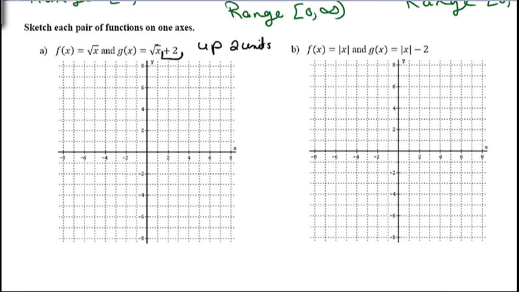So instead of having my starting point at 0, 0, I need to shift that up 2 units. So it's going to be right there, and you can use the pattern. The pattern was to go up 1, right 1, and then up 1, right 3. And then don't forget when you're graphing to label your points. So we have 0, 2, 1, 3, and 4, 4.